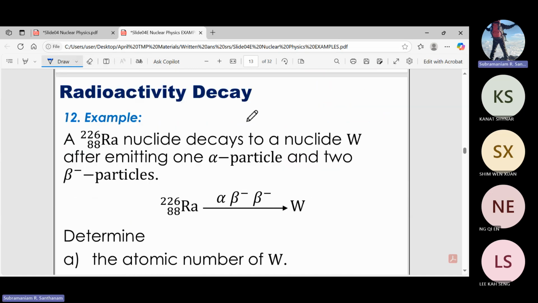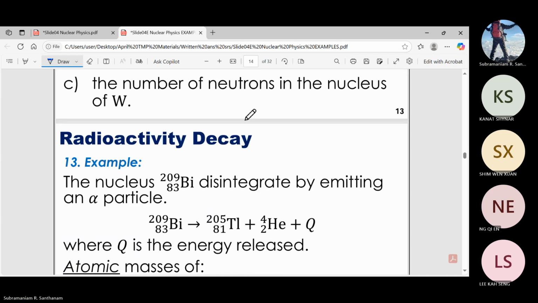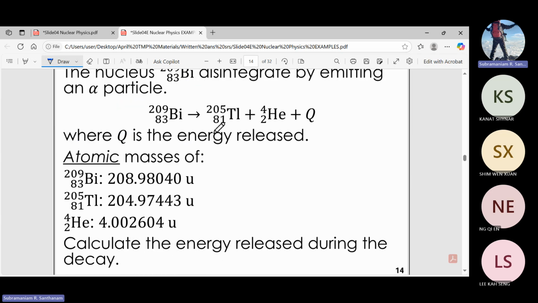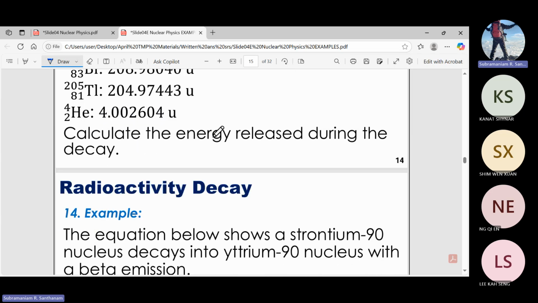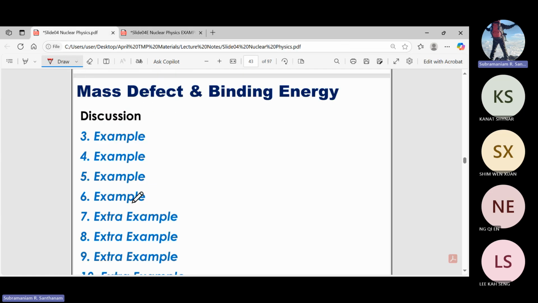Then question number 12 goes into radioactive decay. Next week, Wednesday, I will continue from this part.